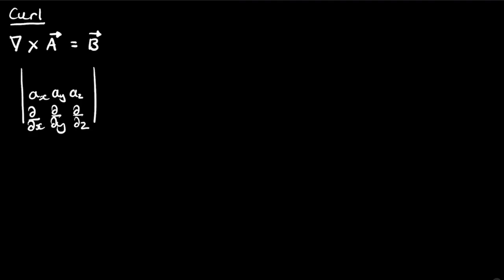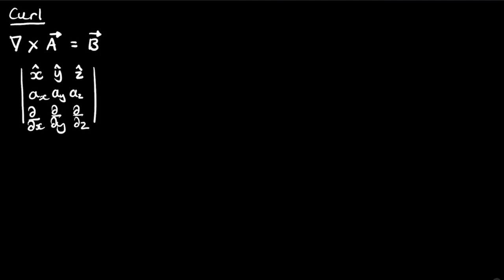And then, likewise with the cross product, the x hat direction, the y hat direction, and the z hat direction. That is how you would compute the curl, by taking the determinant of this right here.